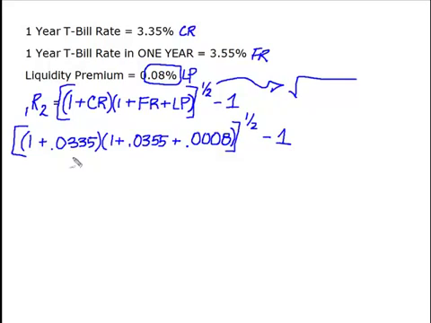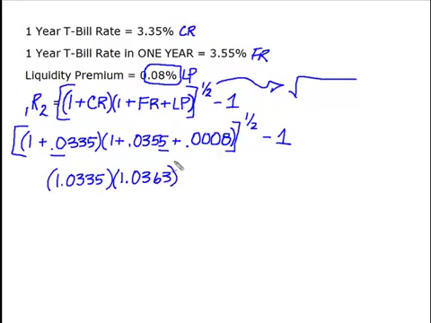So now remember inside out, so I'm going to work these 2 parentheses first before I get all crazy with my 1/2. And I know that I'm going to end up over here at 1.0335. Do a bunch of math over here on the right, and I end up with 1.0363.